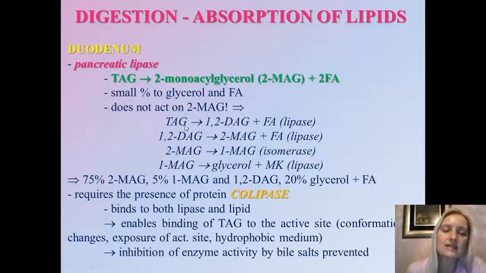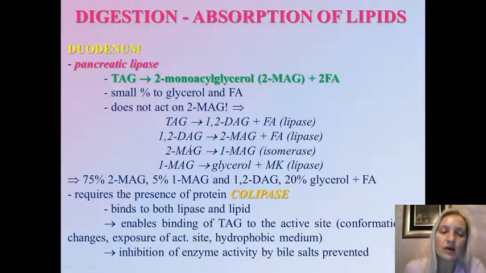So 3-acylglycerols in the first step are hydrolyzed to 1,2-diacylglycerols, and the fatty acid from position number 3 is released by the action of lipase. Then 1,2-diacylglycerols are further hydrolyzed to 2-monoacylglycerols, again by the action of lipase.